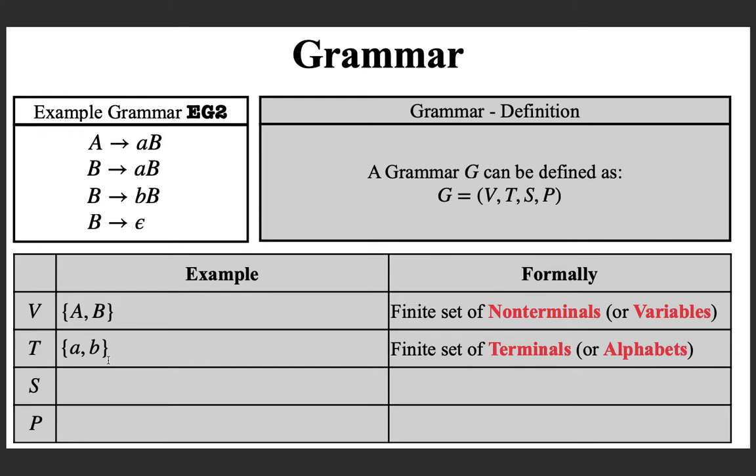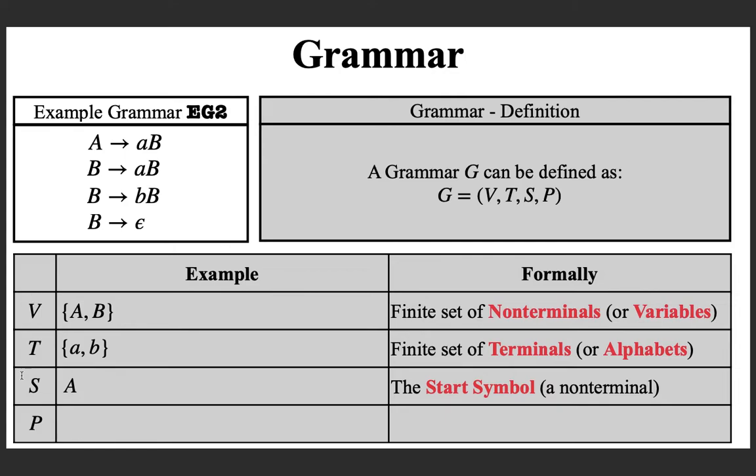And next, capital S, in this case it is capital A, and formally it is the start symbol of the grammar, which is basically a non-terminal in the grammar. One of the non-terminals must be designated as the start symbol. You know what is the significance of the start symbol? Later in this lecture, when we formally define derivation, we can see why a start symbol is required.